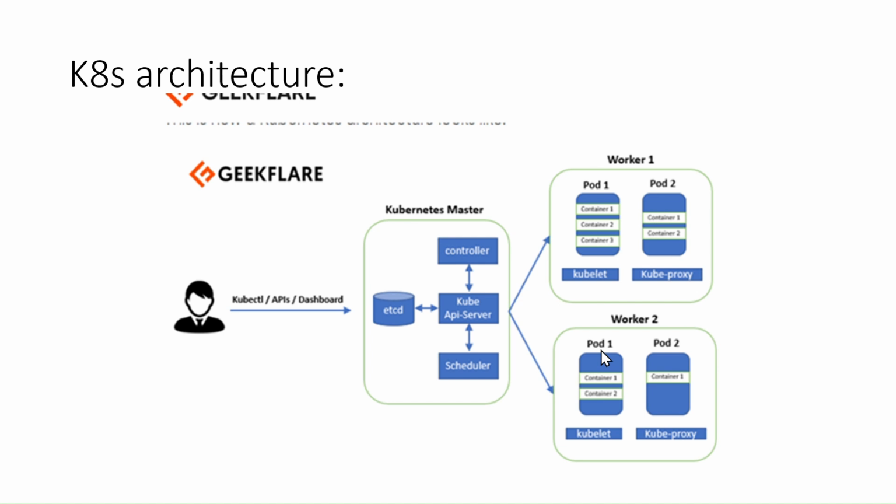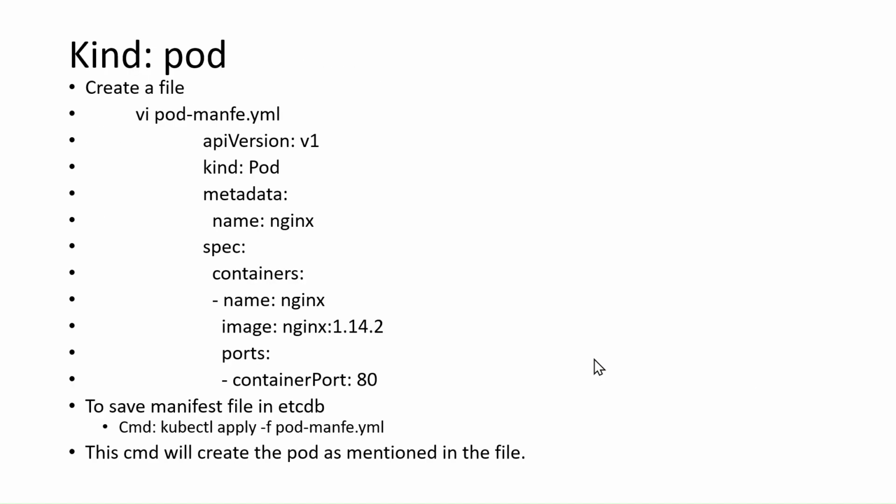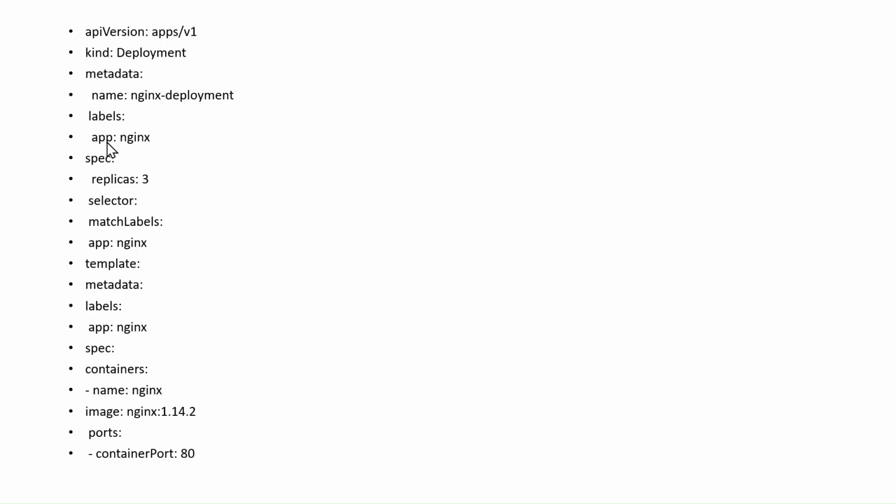So how will I know that I have to create my other container inside the pod one? For that purpose, we make use of labels. The label name or the application can be anything, it's not predefined. Okay. So here I have passed this nginx, and the specification for the pod I am mentioning here.